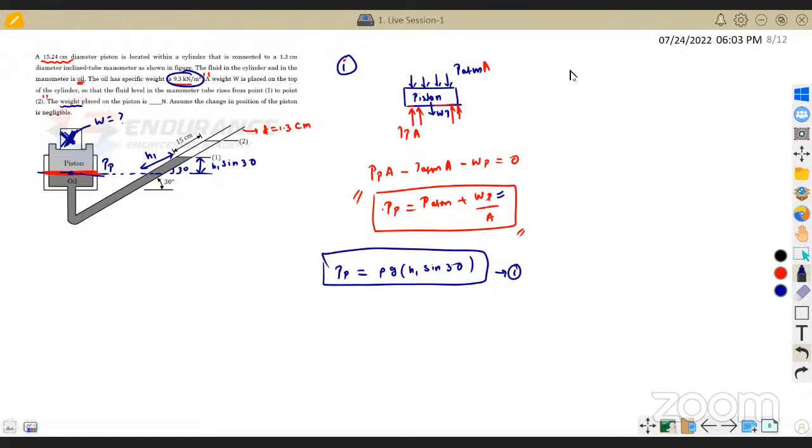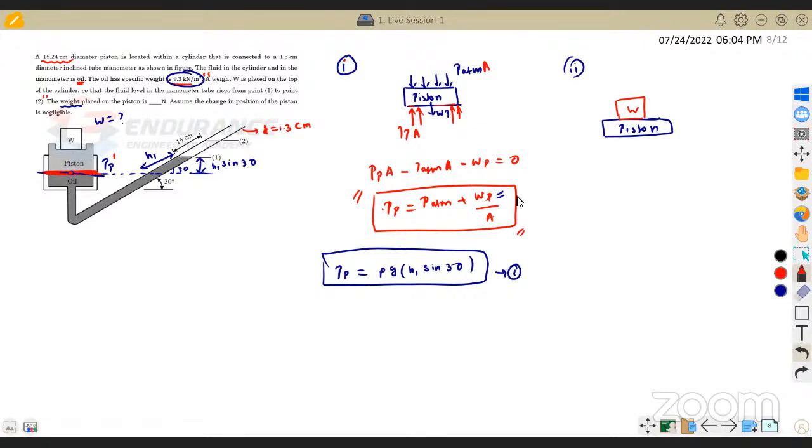Now go for the second condition. Here we have a piston and we have a weight. Now, in the second case, we have the weight also, and the pressure here surely would have increased. Let us take that as PP dash.